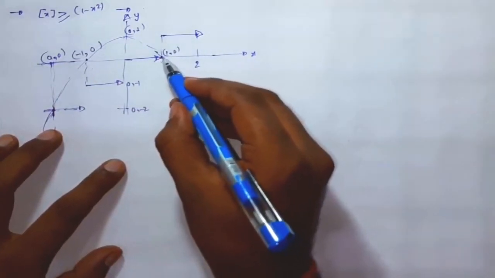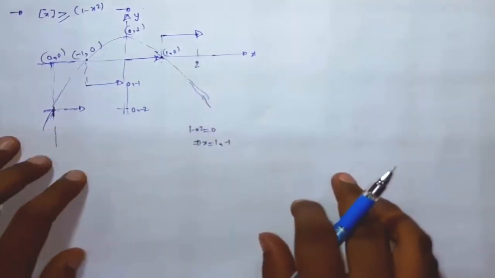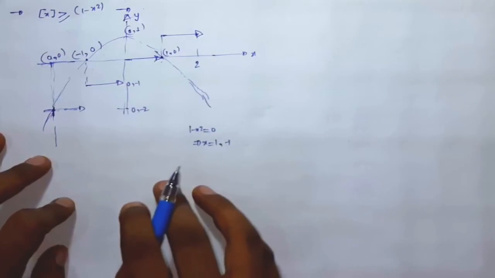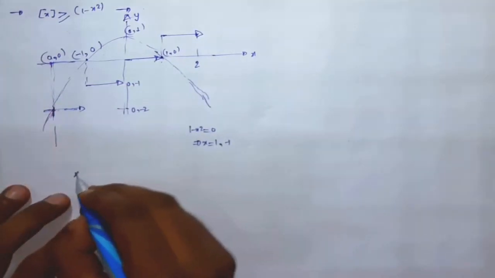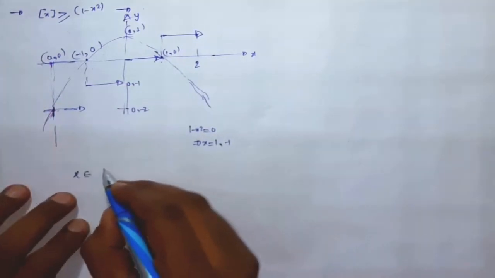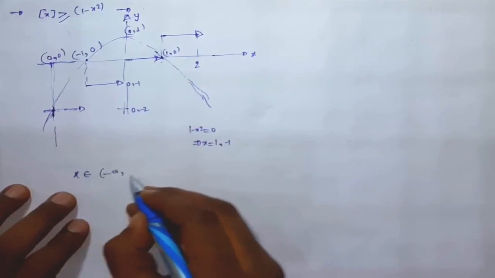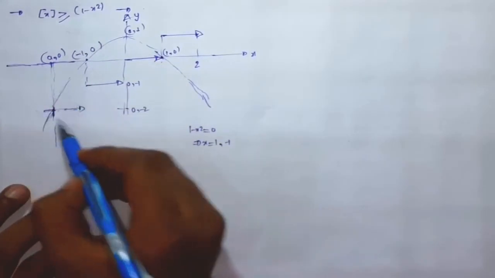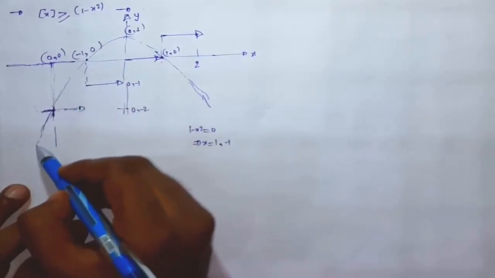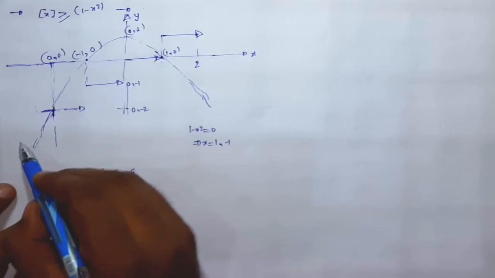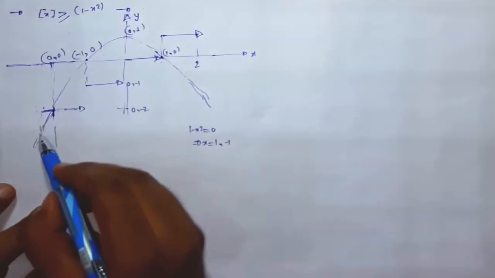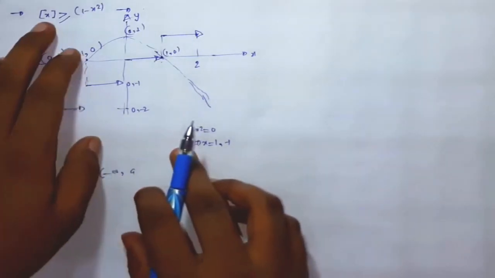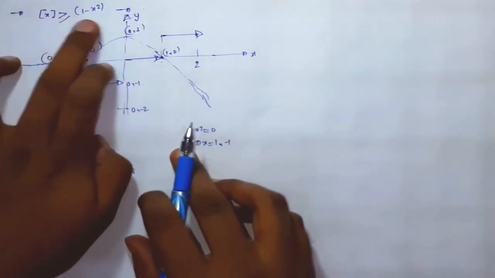So we can say for what values of x this inequality will be satisfied. The values of x will be from minus infinity to a. For this whole region, the integral part of x will always be greater than or equal to 1 minus x square. I hope it is clear.